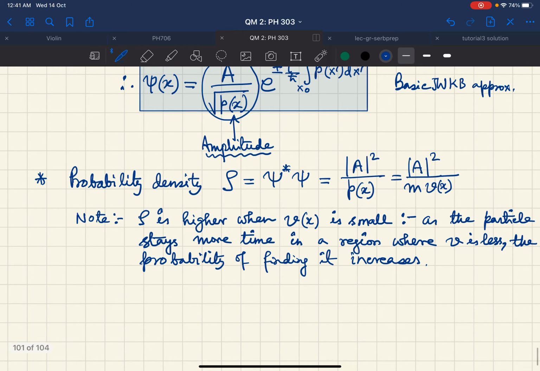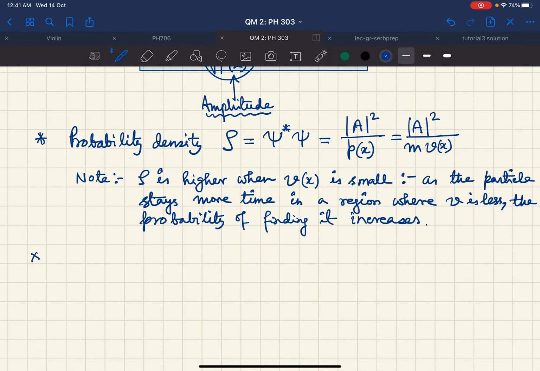Now we also want to mention another point. Recall that in the language of the polar decomposition, when we wrote psi of x,t as square root of rho(x,t) into e to the power i by h bar into S(x,t), there we defined the probability current as rho gradient of S divided by m.